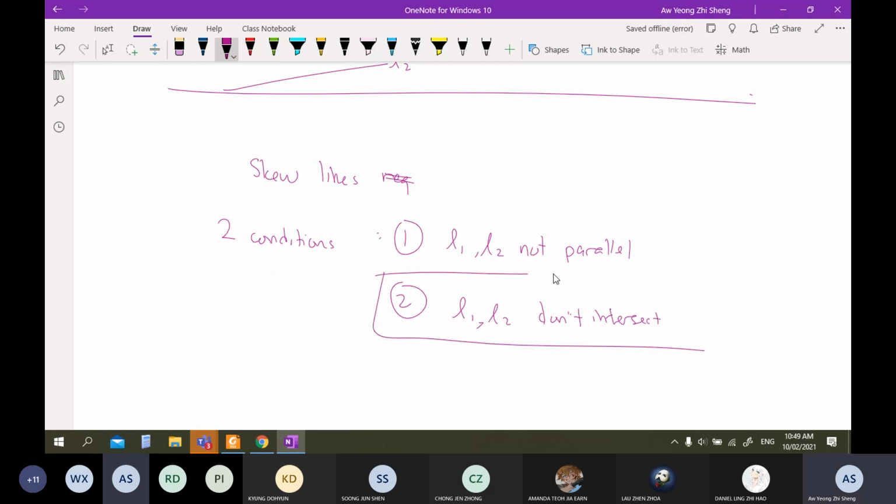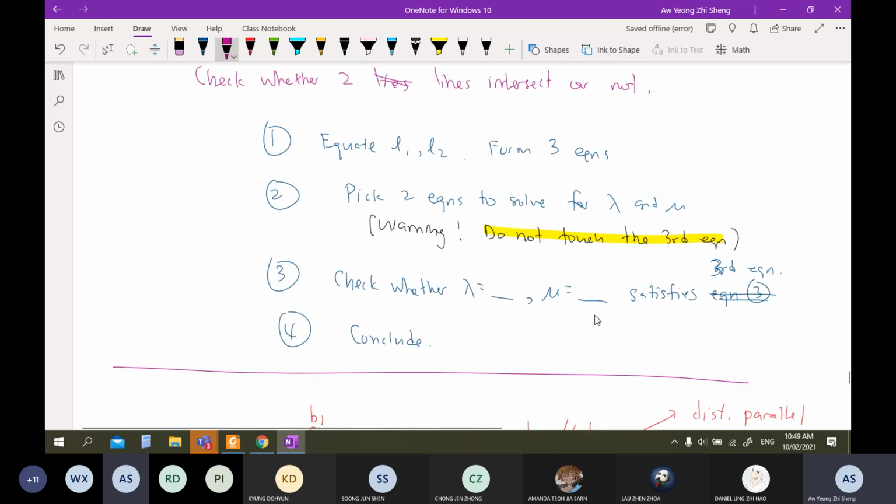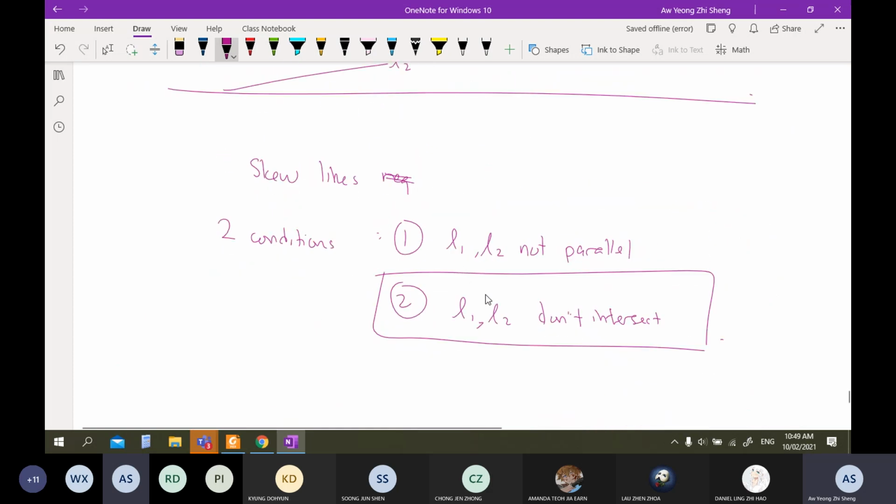To show this, you have to go back to the four-step procedure over here to show that the two lines do not intersect. So to show that two lines are skew, the working can be quite long, and most of the time 4 or 5 marks are allocated for such a question.